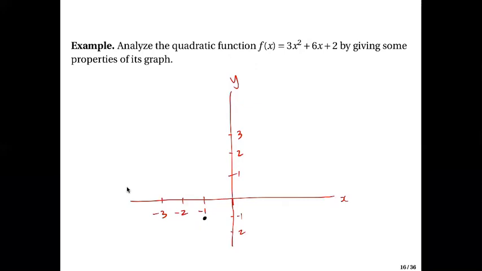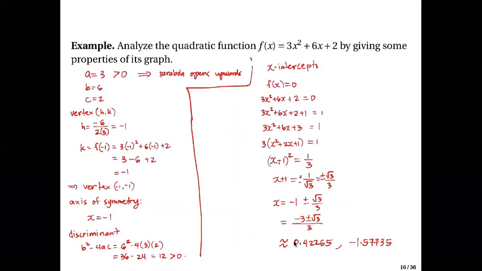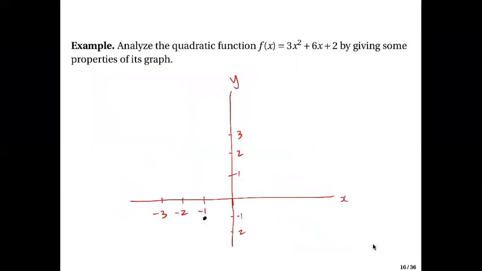And then the other 2 points that we got, we have at x almost negative, almost 0.422. And then the other guy, it's negative 1.577. So negative 1.577, let's just approximate it.